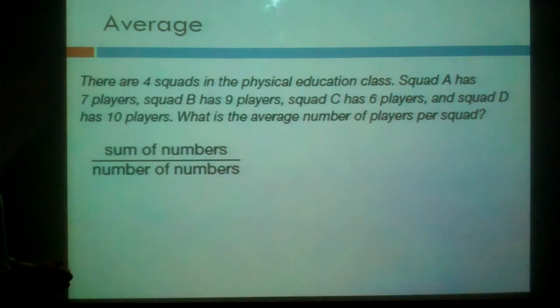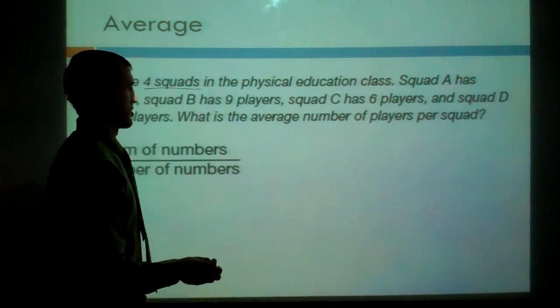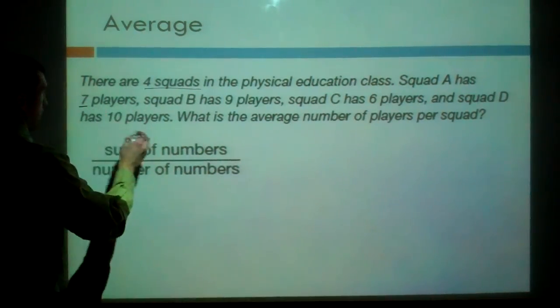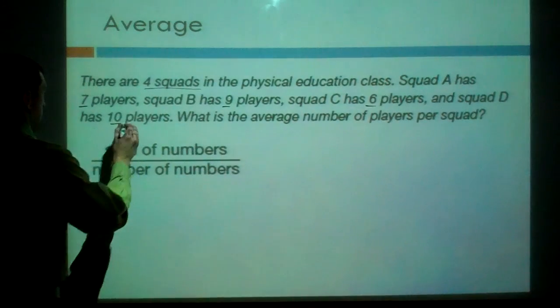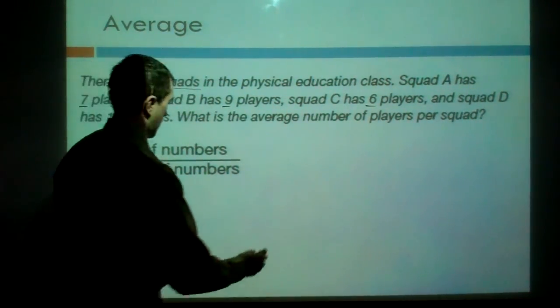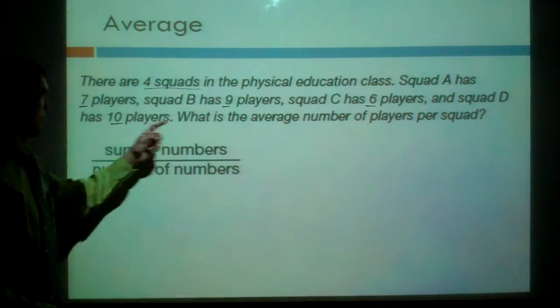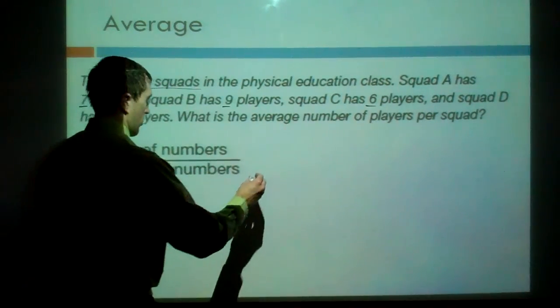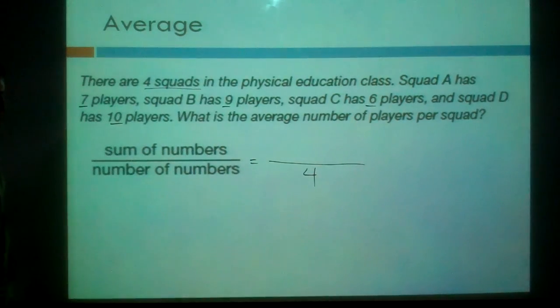Okay, so we have 4 squads, and then it tells us how much each has. So we've got 7 players, 9 players, 6 players, and 10 players. Now the number of squads is going to go on the bottom here. That's how many numbers we have. We've got 1, 2, 3, 4. So 4 squads.